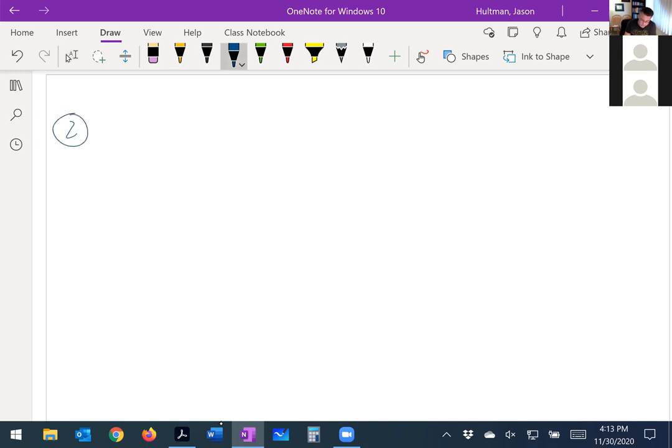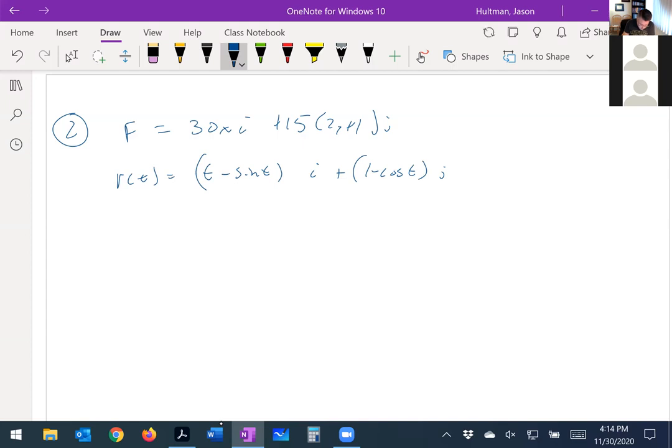So the hard way is to say that we have F equals 30x i plus 15 times (2y plus 1) j, right? And then we have r of t equal to (t minus sine t) i plus (1 minus cosine t) j, when t goes from 0 to 2 pi.